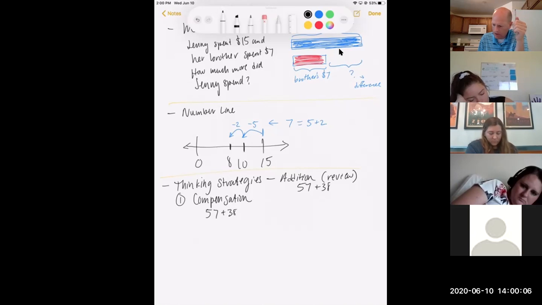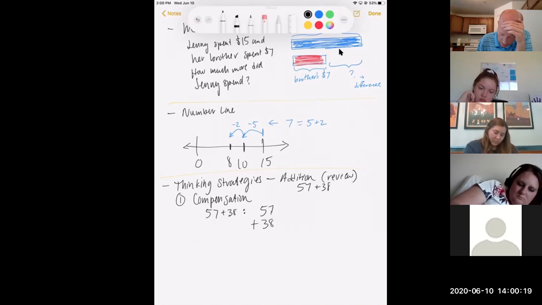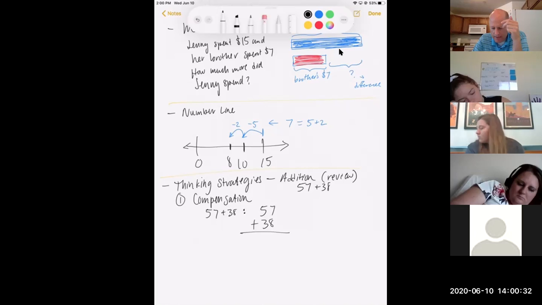Now this one is the one where you will add and subtract from both numbers. And so I'm going to illustrate this vertically, because I'm going to do that same thing for subtraction. Okay, so I'm going to add these two numbers, but I'm going to adjust the numbers before I add them to make them easier.